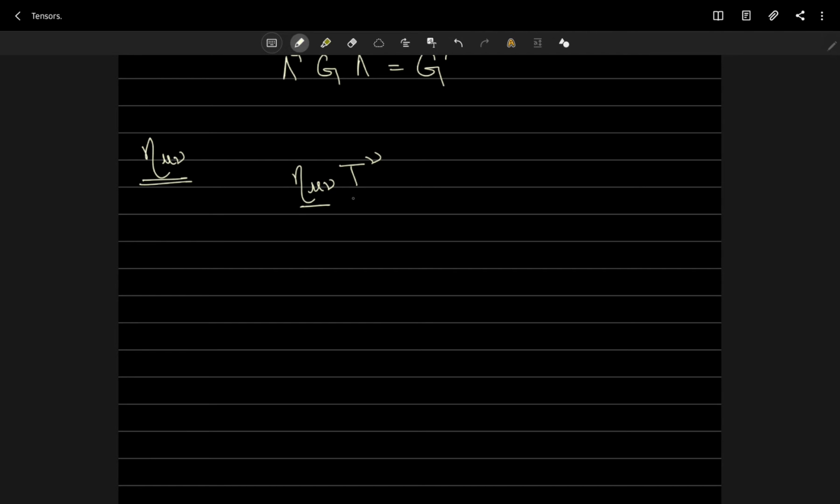So eta mu nu is acting on, or we are multiplying it with, t nu. It simply takes your index over here. So consider if this t was just a vector, right? As we had been talking in previous videos on vectors and dual vectors. What eta mu nu did is it converted your vector to a dual vector.